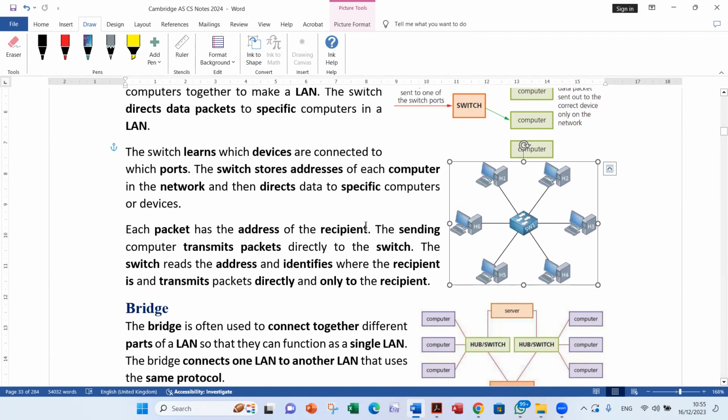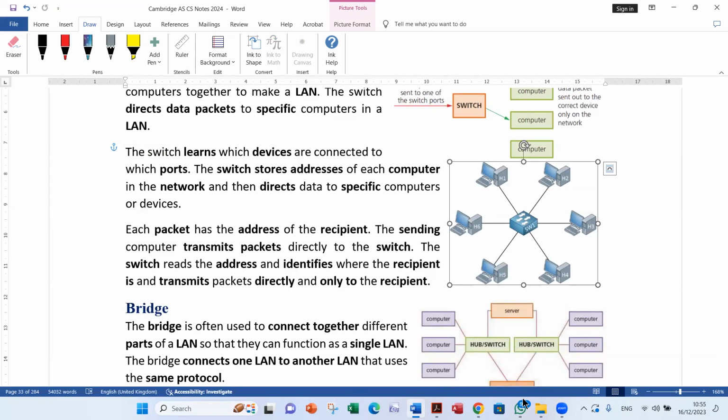Okay? The switch learns which devices are connected to which ports. The switch stores addresses of each computer in the network. Typically, it would be the MAC address. Okay? Of each computer, and directs data to specific computers or devices. Each packet has the address of the recipient, the destination address.